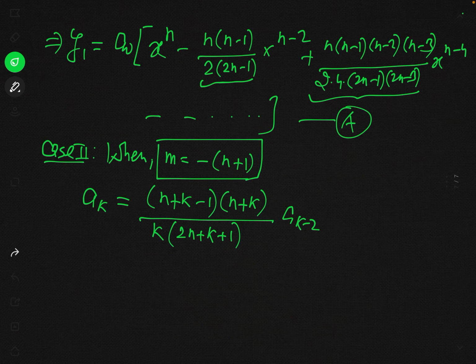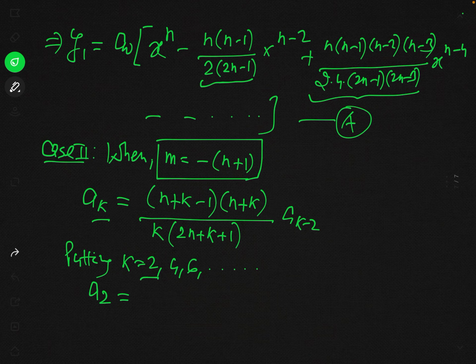Now again we will substitute k equal to 2, 4, 6, because you already know that when we take k equal to 1, 3, 5, all those coefficients are 0. So there is no need to put those values. We put k equal to 2, 4, 6 and so on.